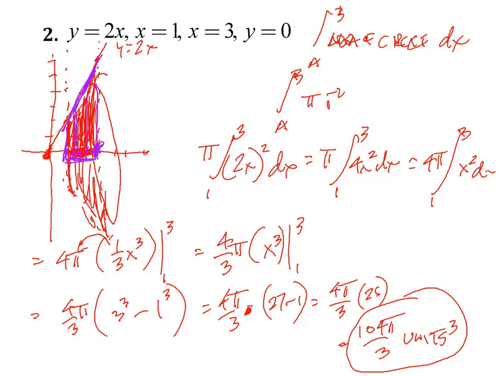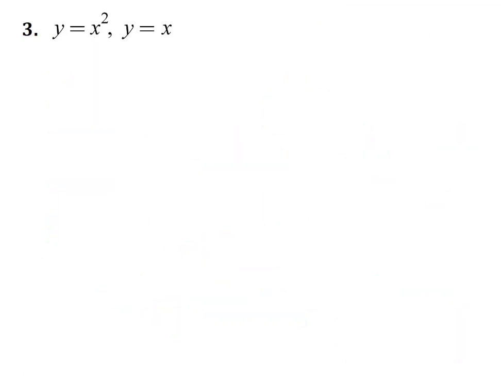Okay, let's do one more example. So this one's bound by y equals x squared and y equals x. And I'm going to go ahead and make this zoomed in so we can see what's going on. y equals x squared, quadratic parent function, looks as such.